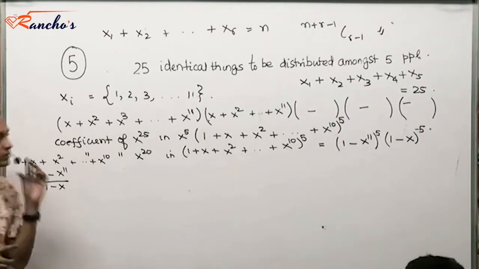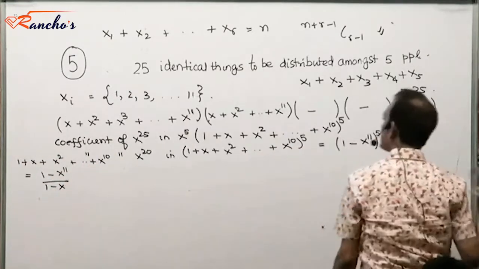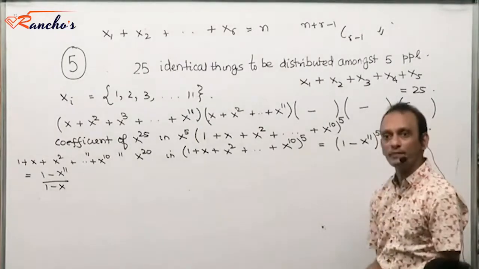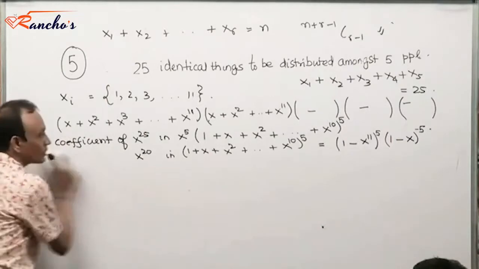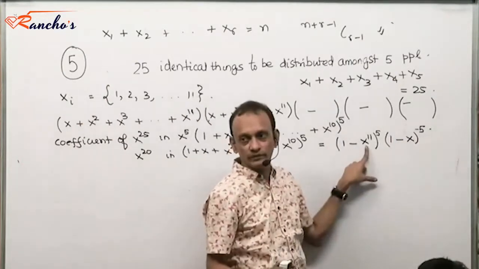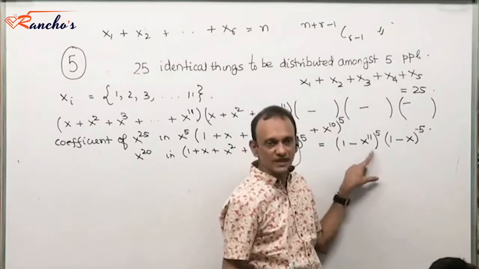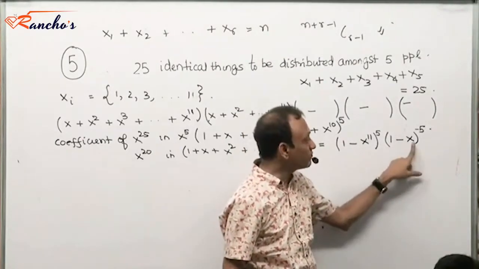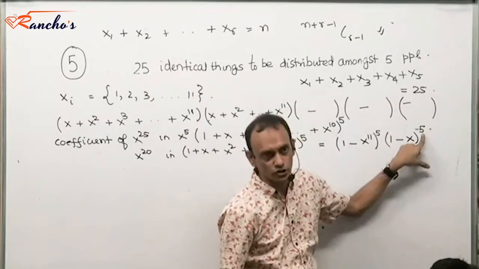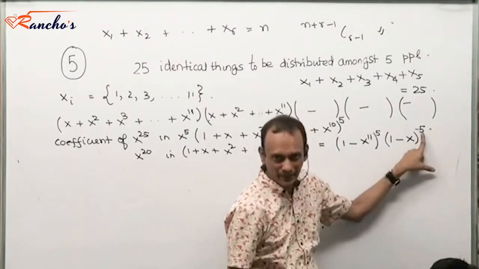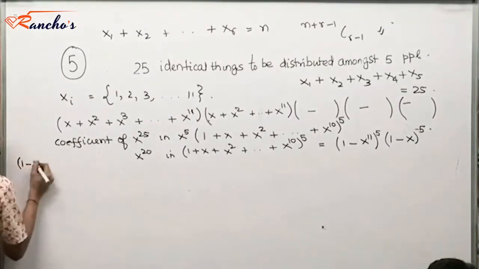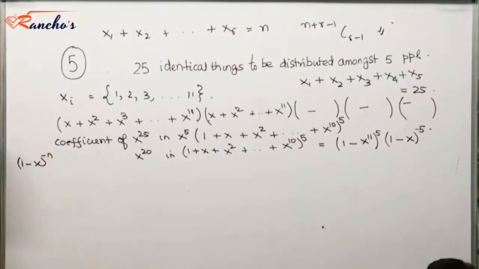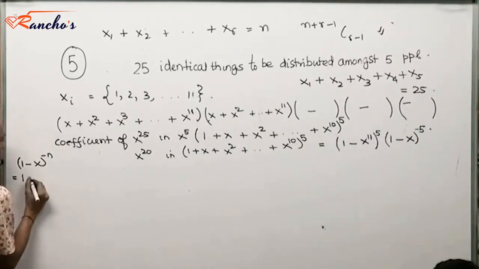Yes or no? Now one thing I want to tell you, and you might want to remember and establish this. In general, I know how to expand this binomially, I know the 6 terms that will feature in this. I want to know how to expand 1 minus x to power minus n, where n is a natural number. Let me tell you how to expand this. 1 minus x to power minus n.